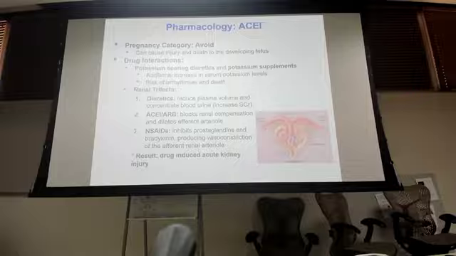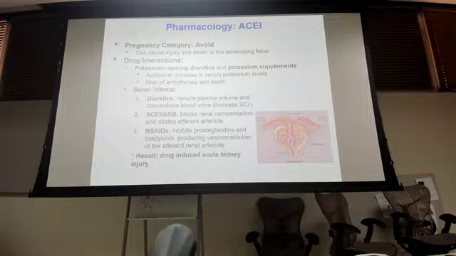And then NSAIDs, which you're going to get block 2, I think, for pain, they're going to inhibit prostaglandins. So that combination, they're also the NSAIDs are going to limit bradykinin. So that's going to cause vasoconstriction of the afferent renal arteriole. Result, bad on kidney. Renal trifecta.